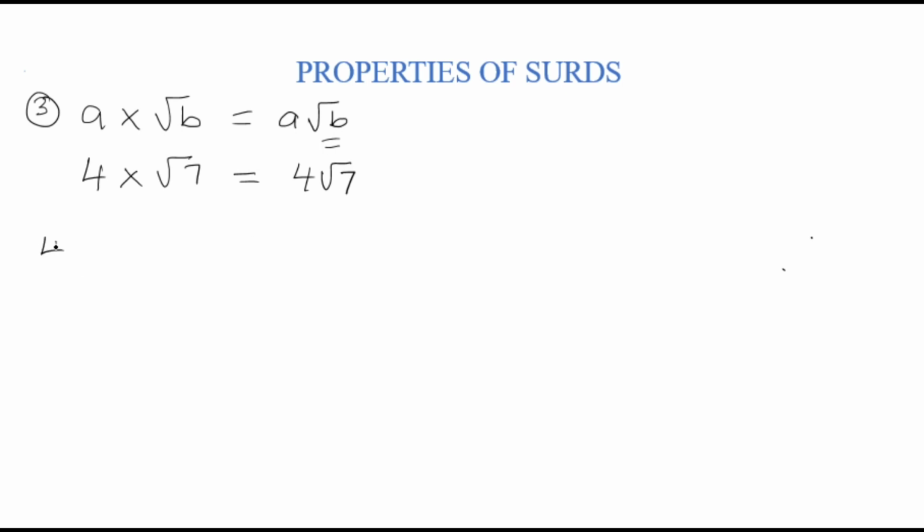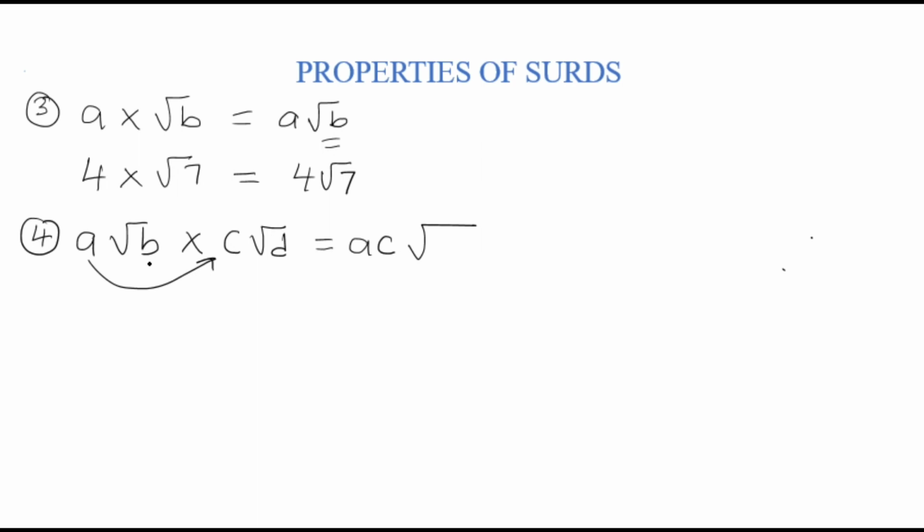Property number 4. A root b times c root d. In multiplying these two sets, the final answer is a multiplying c, which is ac, multiplying what is under the square root, which is bd.